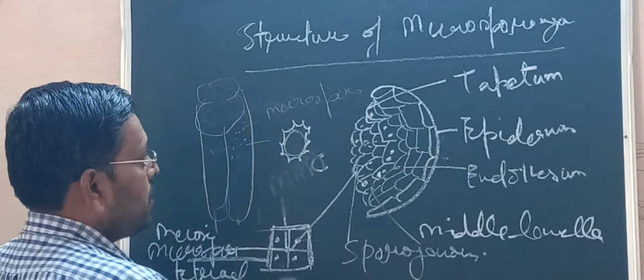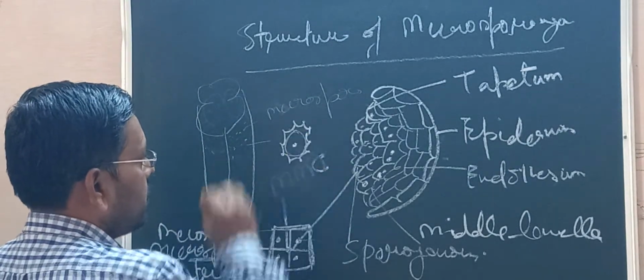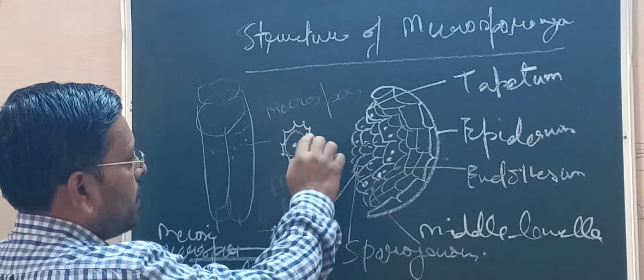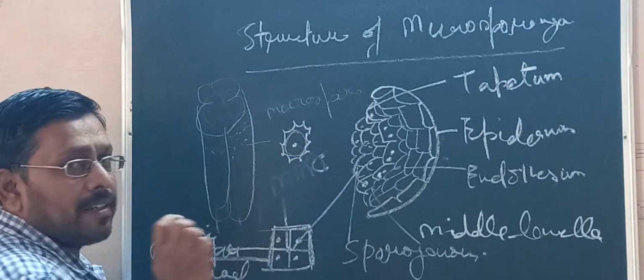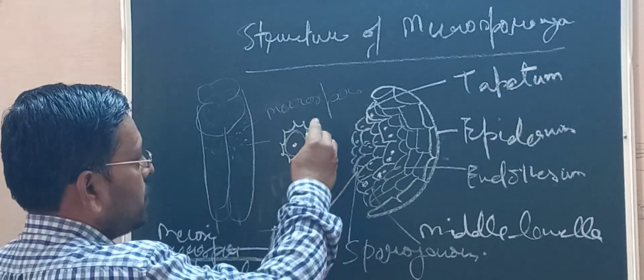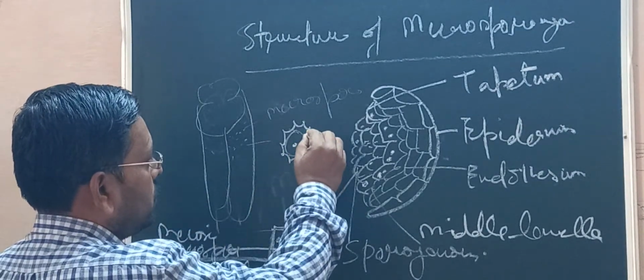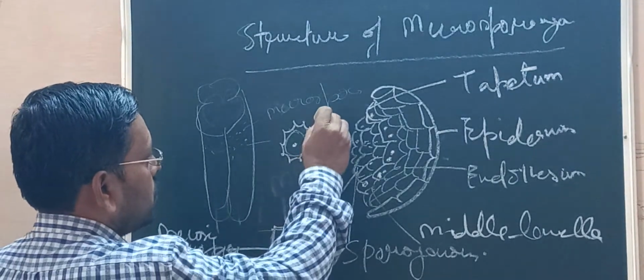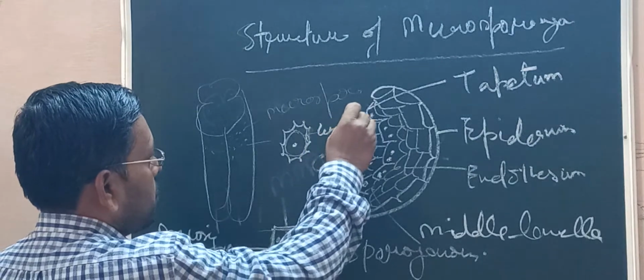There is a nucleus inside it. At one place the exine is not present, and this is called the germ pore.